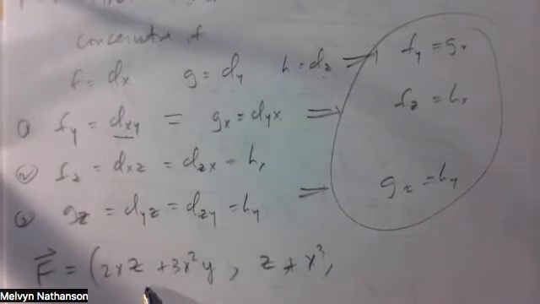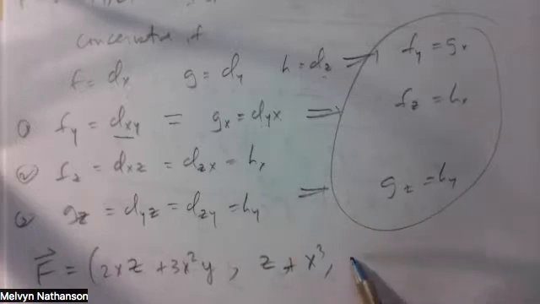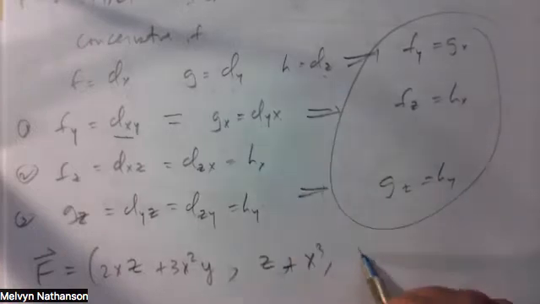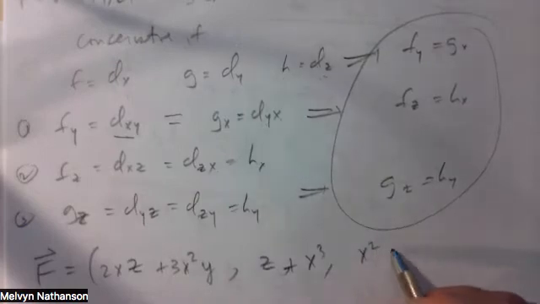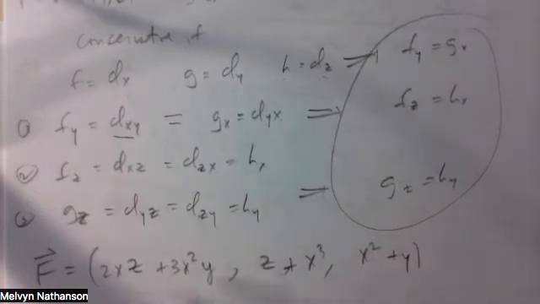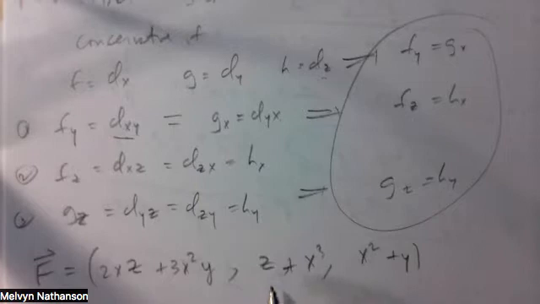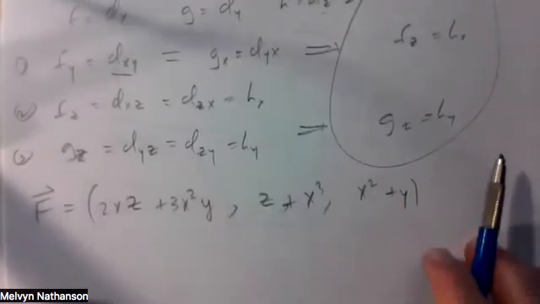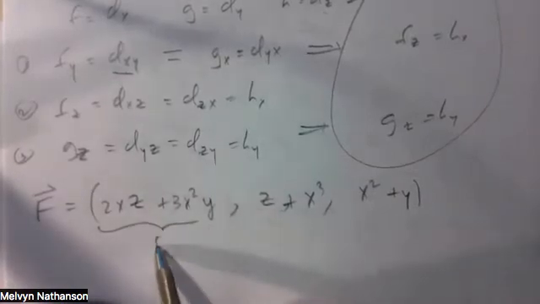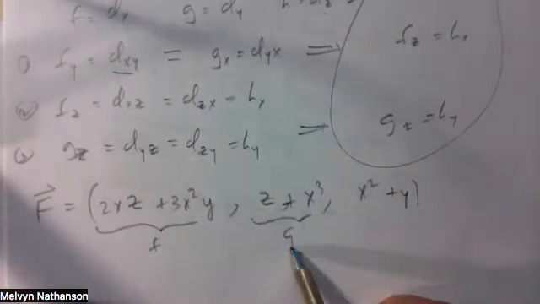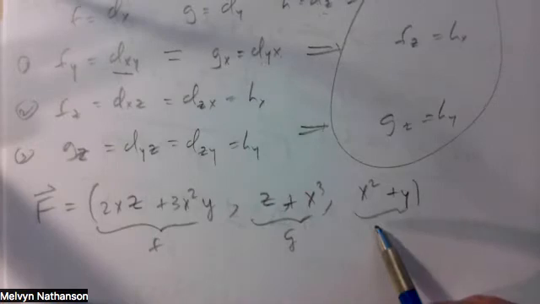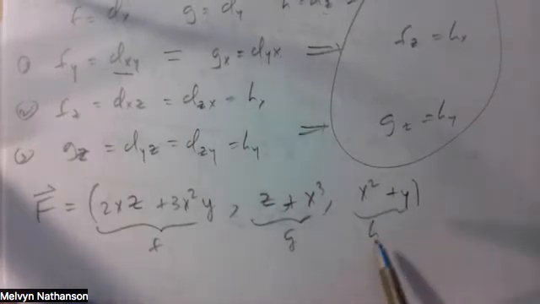And the third component will be x squared plus y. So I claim this vector field satisfies these three conditions. So this is my function f, this is my function g, this is my function h.